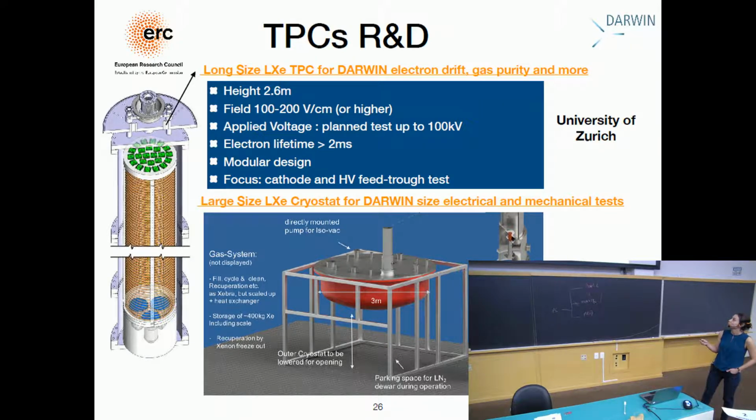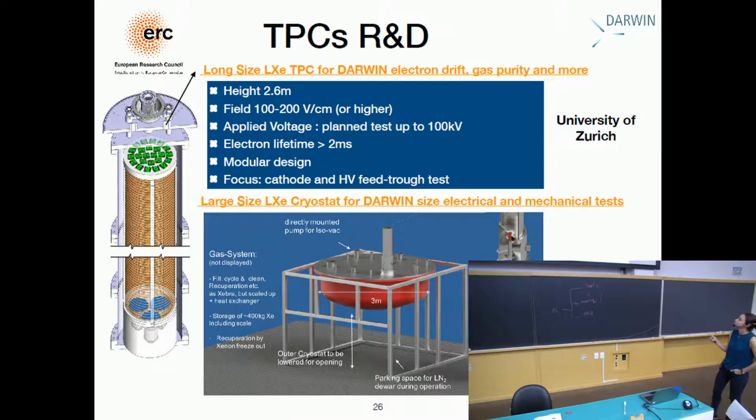For example, we will build a TPC that will reproduce the same length as Darwin, to demonstrate that we can drift electrons over 0.6 meters, and that we can apply the necessary field to drift the electrons, and also to start testing our purity monitors and our liquid xenon purity. We will have a focus, obviously, on the cathode development and the high voltage feed-through test.